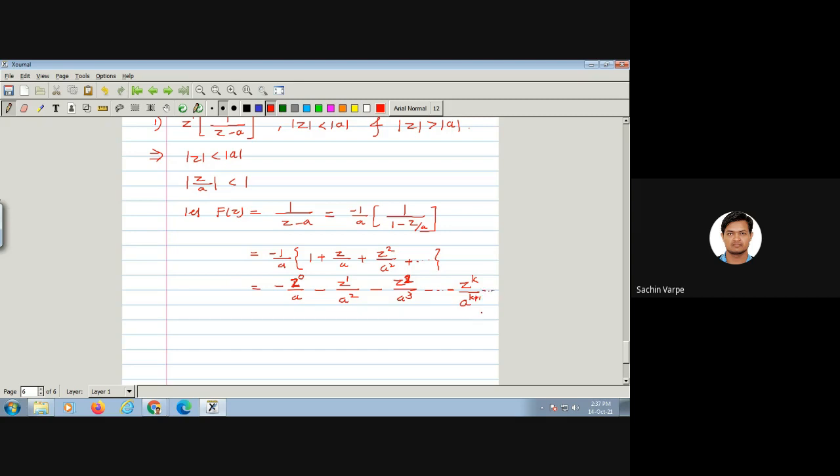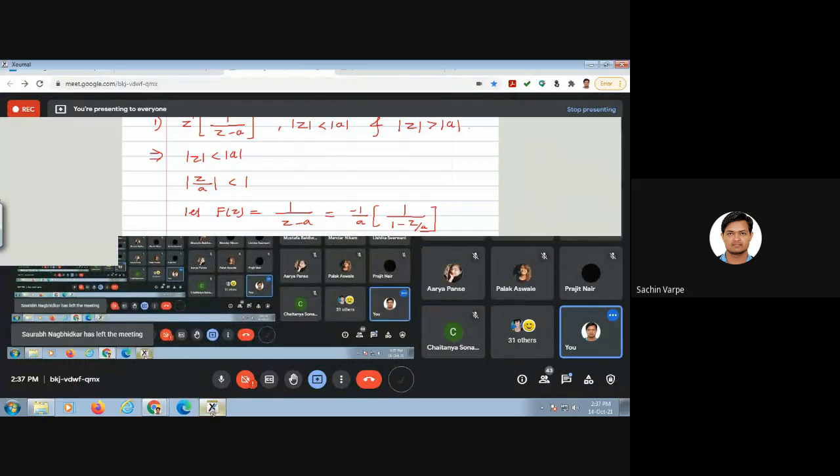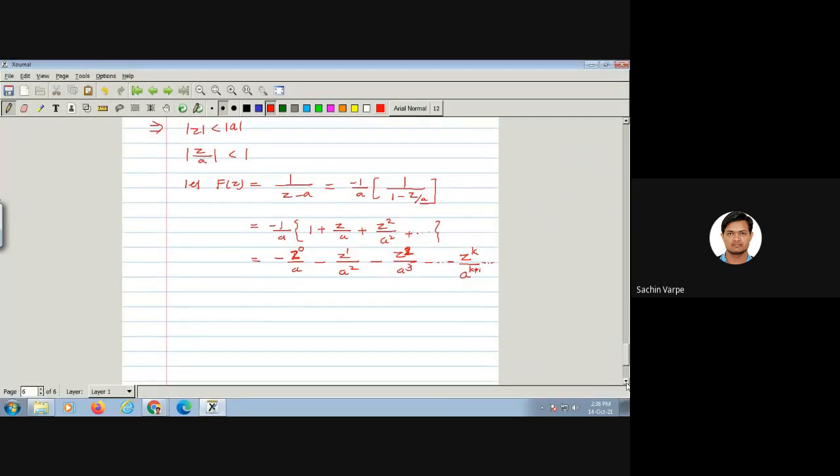Yes or no? I'm multiplying by minus 1 by, am I audible? Yes, sir. So what is the coefficient of Z raised to plus k here? The coefficient of Z raised to plus k is minus 1 upon A raised to k plus 1. And k varies from where to where?